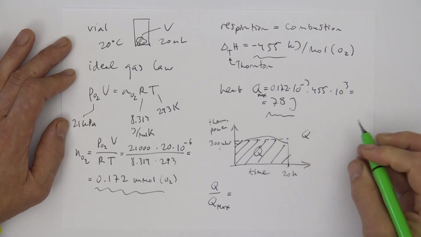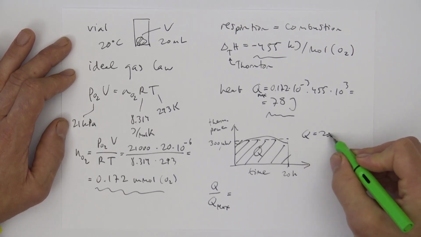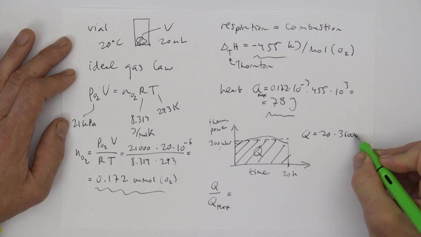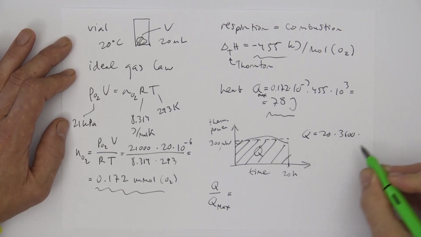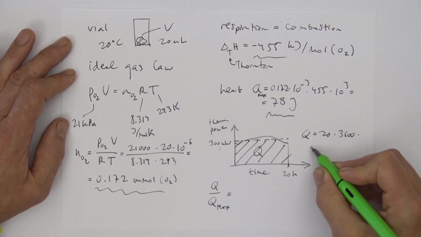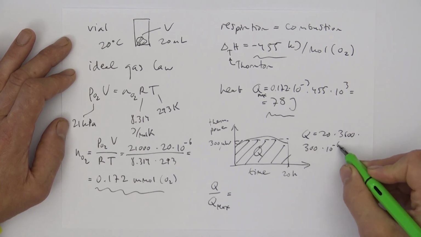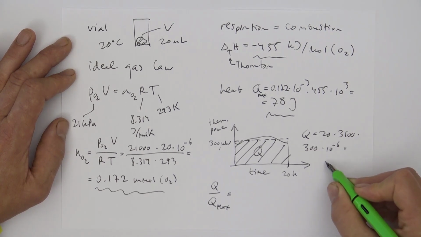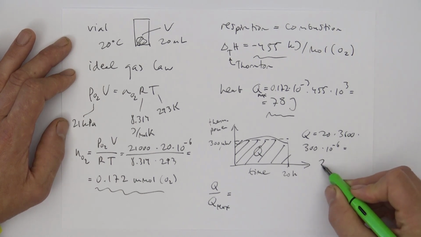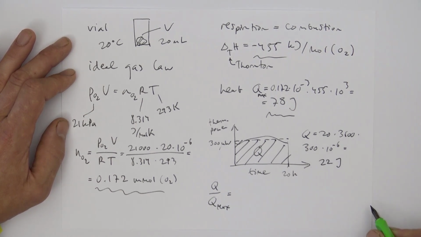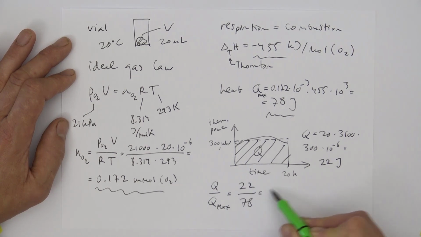Q, that is 20 times 3600, the hours times how many seconds are per hour, and 300 microwatts. That turns out to be 22 joules. That's the actual heat produced. So 22 divided by 78, that is 28%.